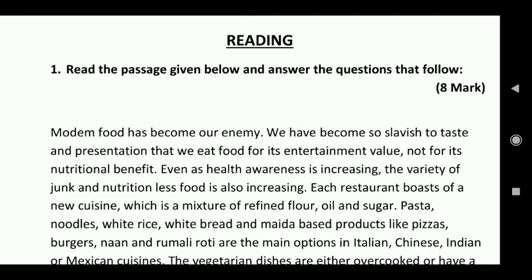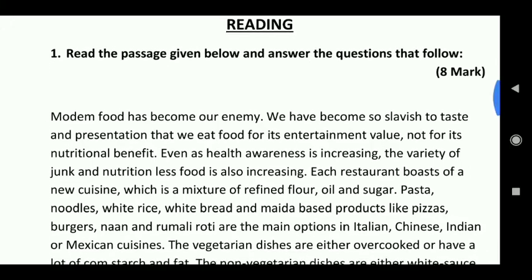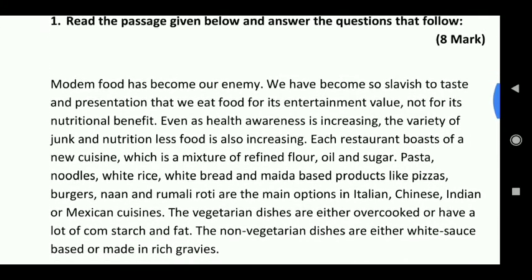Each restaurant boasts of a new cuisine, which is a mixture of refined flour, oil, and sugar. Pasta, noodles, white rice, white bread, and maida based products like pizzas, burgers, naan, and rumali roti are the main options in Italian, Chinese, Indian, or Mexican cuisines.